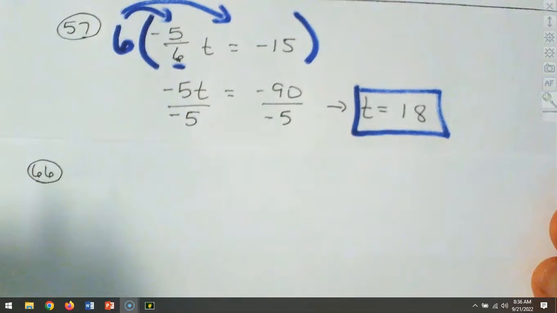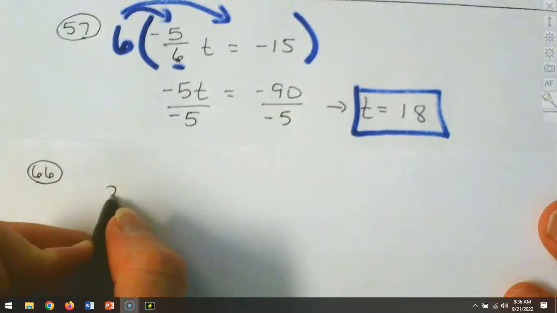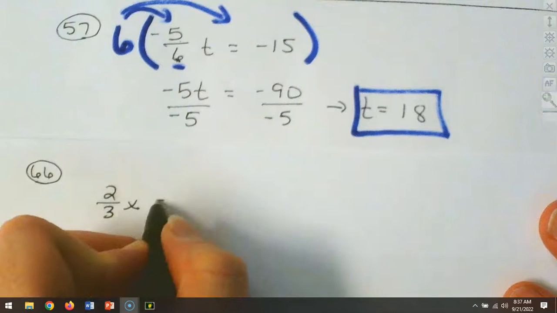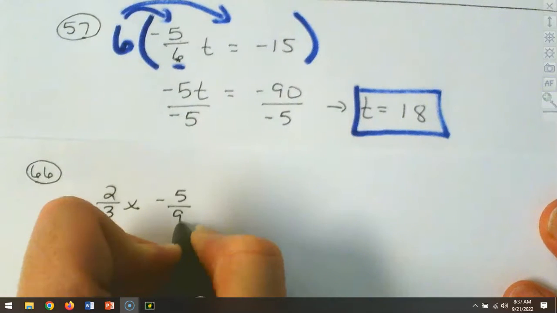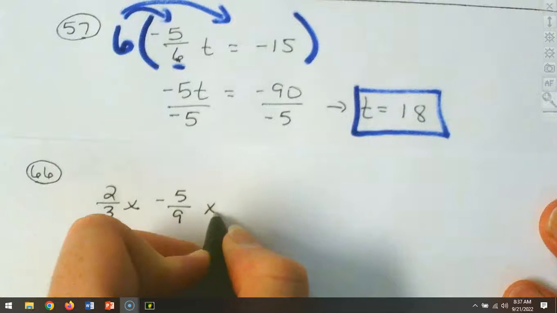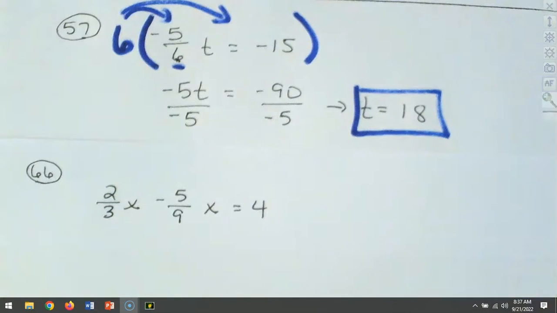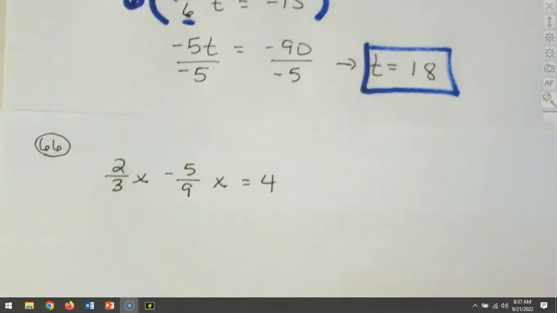You can either combine these together or clear them out. I think, honestly, for most students, it's going to be easier to clear them out. We're going to do several of these where we clear out the fractions, a lot in this section and even more in the next one.